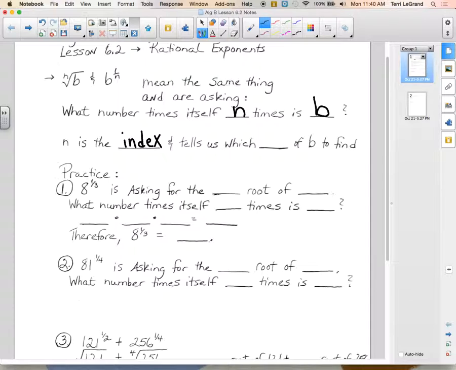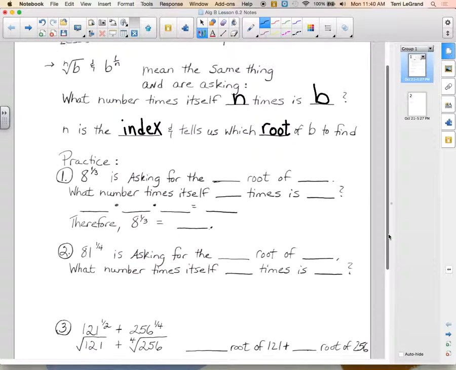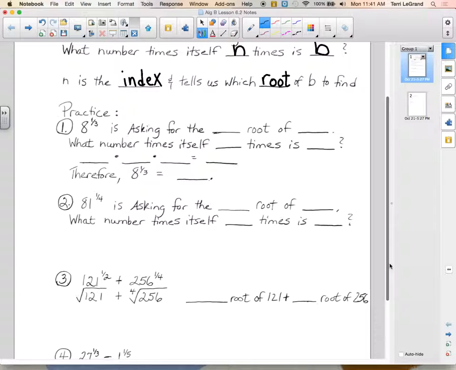I can. Thank you. The index tells us which root of b to find. So n is called an index, and it's saying, here's which root of b we want you to find. Okay, so let's use it without abstract variables involved. Let's do one where we have 8 to the 1/3 power. When you see that and it's asking you to evaluate, it is asking for the third root.